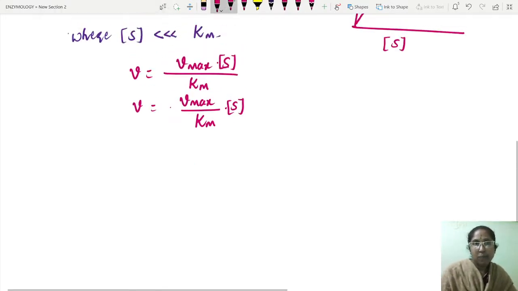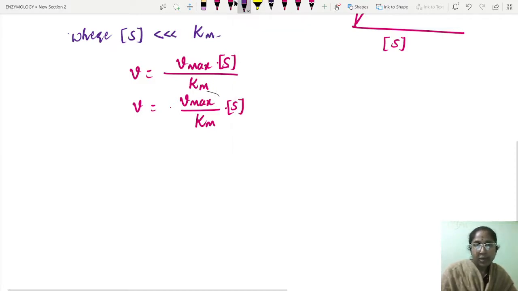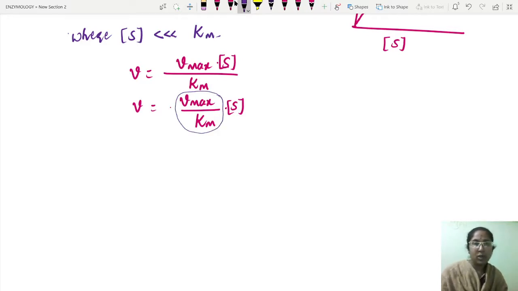Look at this equation. The term Vmax by Km is a constant because Vmax is a constant and Km is also a constant. The ratio of constants is also a constant.